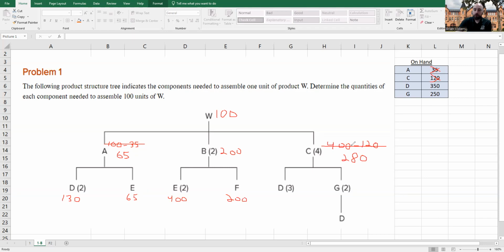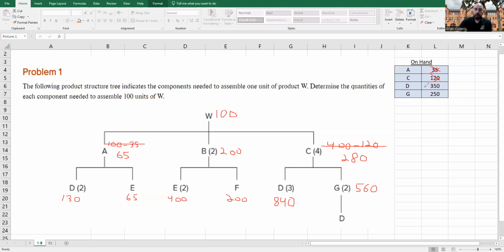All right, now not 400, but 280 times 3 is 840. Okay. 200 times 3 is 600, 80 times 3 is 240, 600 and 240 is 840, yep. 280 times 2 is 560. And then we're not going to move on to the next level. We're going to finish this level before we move on to product D here.